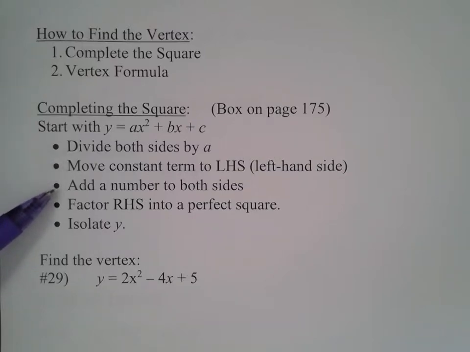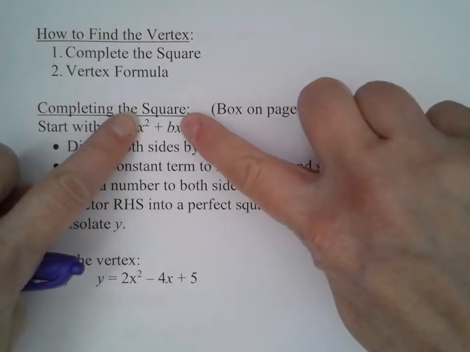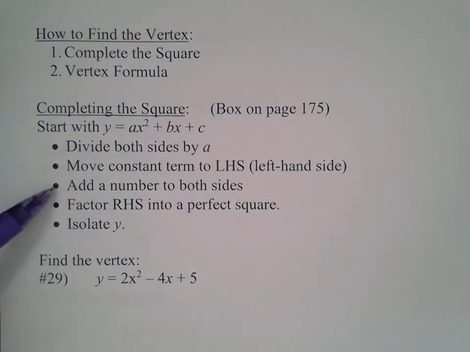All right, once we have done those two steps, we're going to be left with x squared plus something x, okay? And so we want to take that and we want to add a number to both sides so that we're able to factor the right-hand side into a perfect square.